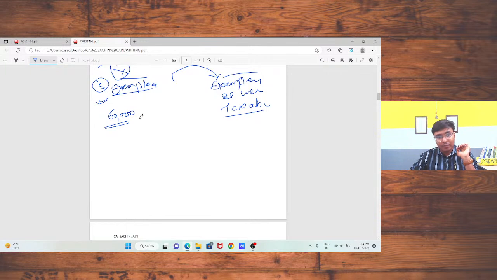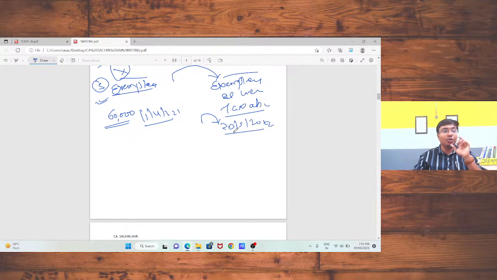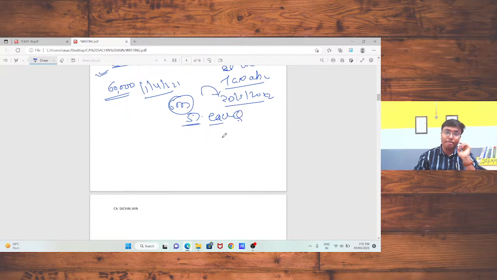Now you bought that plant and machinery on 1/4/2022 and you are going to transfer it on 30/9/2022. The duration is 6 months, that is 2 quarters, so you need to reduce 5% each quarter. So 60,000 less 10%, that is 5% each quarter, you need to reduce 6,000 rupees, and the balance figure comes to 54,000 rupees.